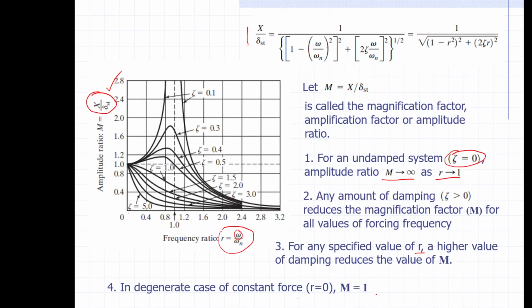Then M is just equal to 1. Maybe we are not taking the limit, but we set r equal to 0 directly. Then M is just 1. All right, so this equation explains all the cases.